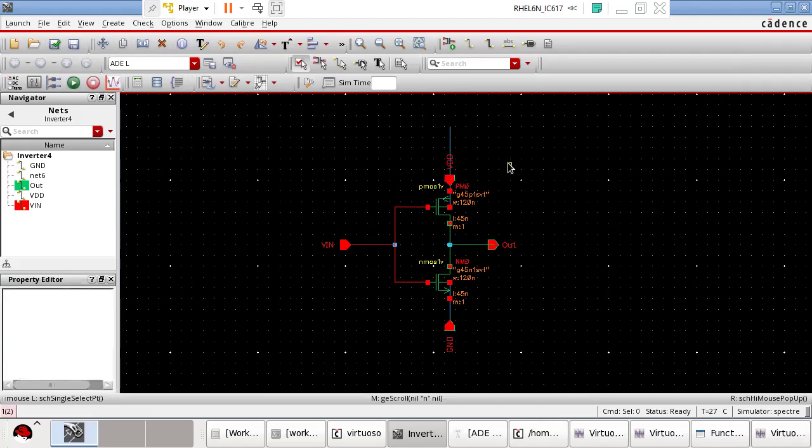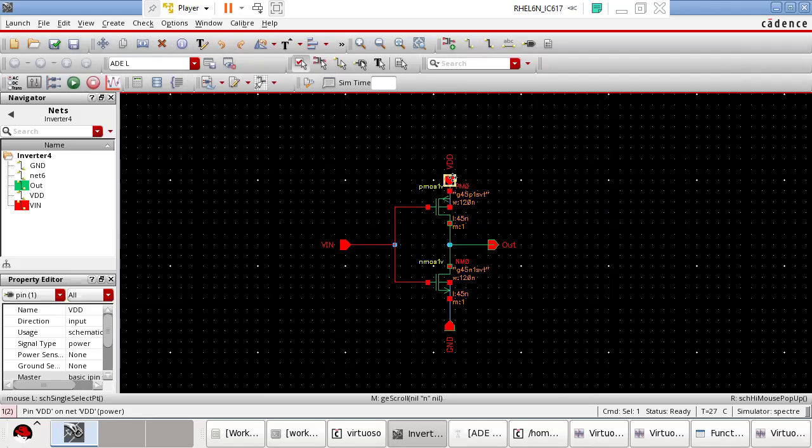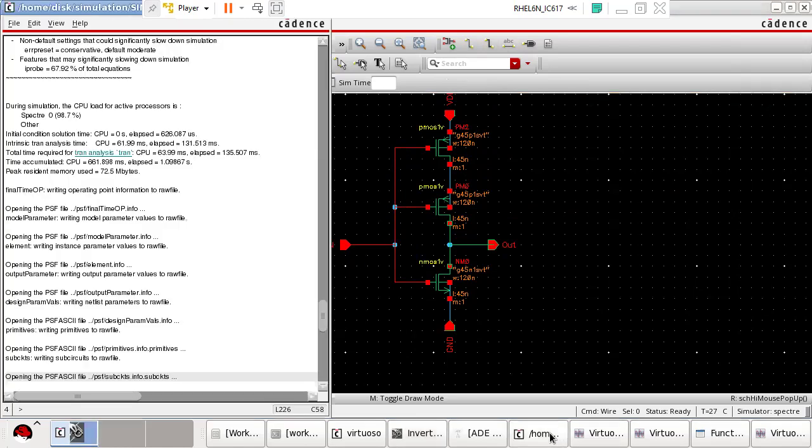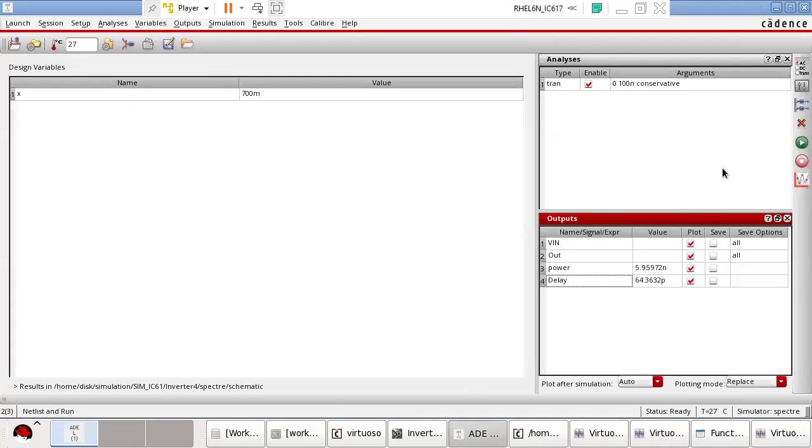For using the sleep transistor, this. Okay. And now let us re-simulate it.